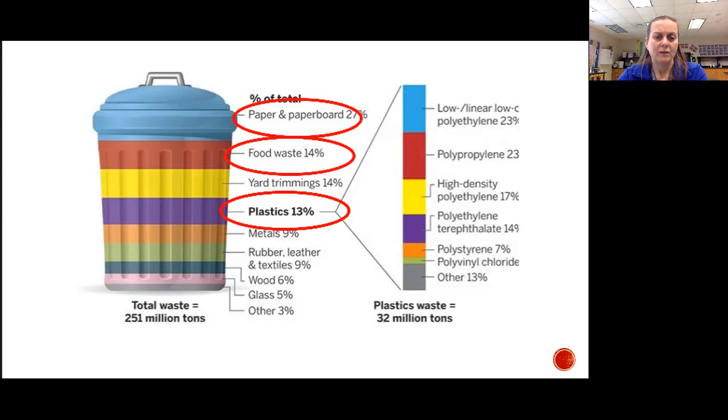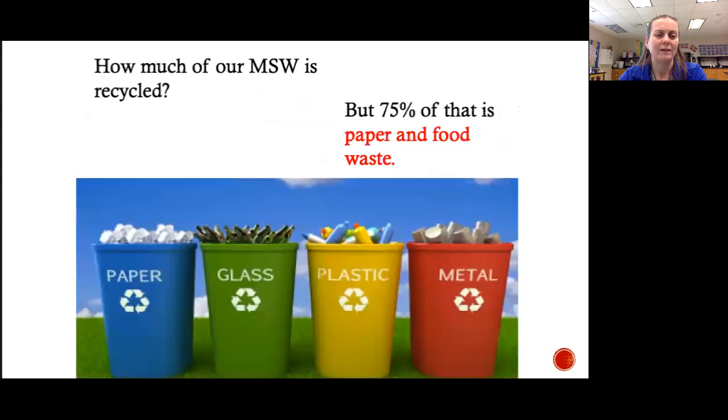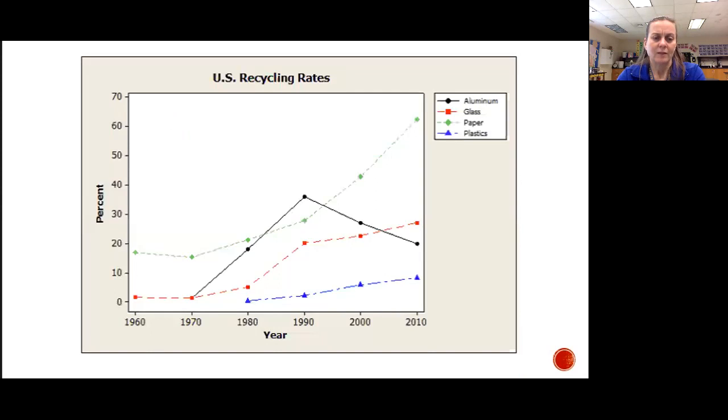How much of that do you guys think is recycled? Well, 1/3 of our municipal solid waste is recycled, but 75% of that is paper and food waste. So over the last 50, 60 years, our paper recycling has skyrocketed.